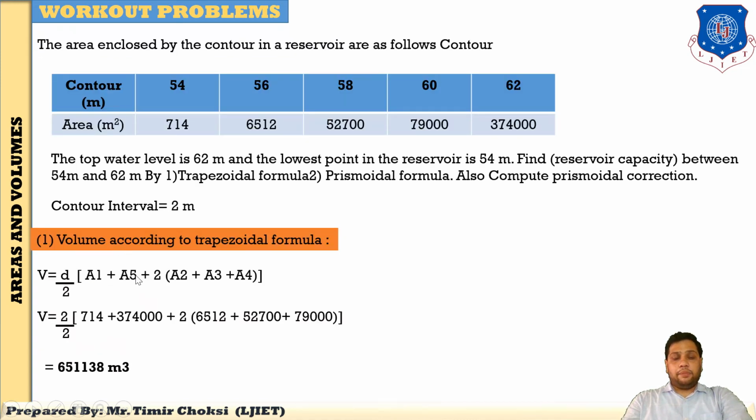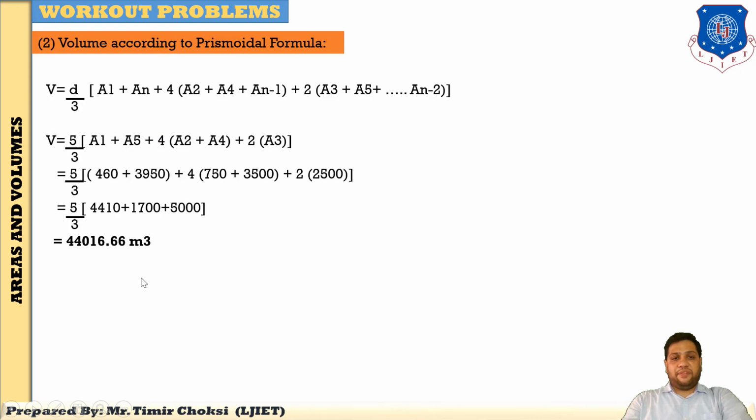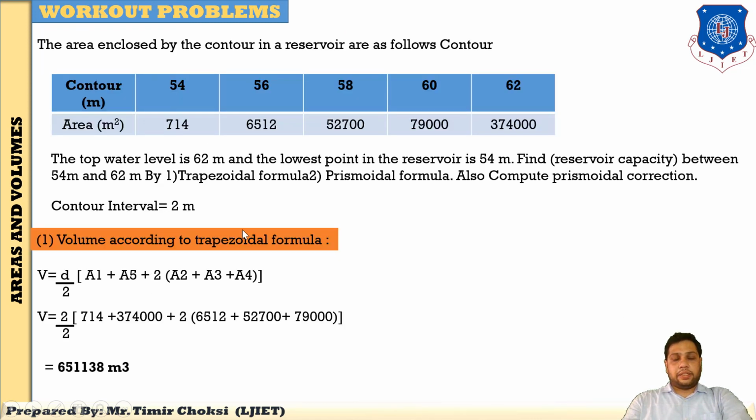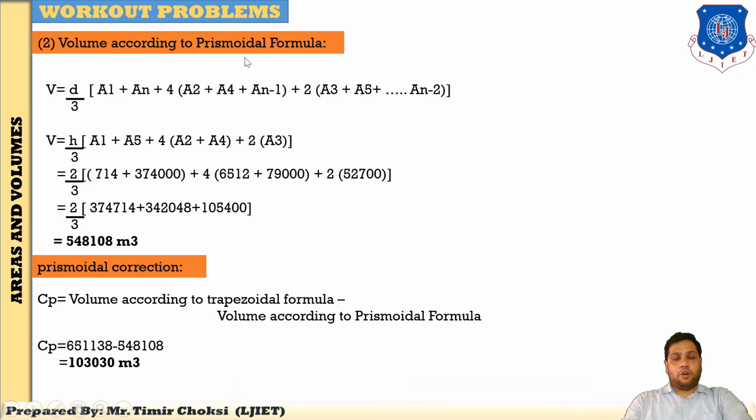In the previous example you only found the volume, but in this example you find another component, the Prismoidal correction. So first find the volume according to the trapezoidal formula, then the volume according to the Prismoidal formula, and then subtract them. So you will get the Prismoidal correction.